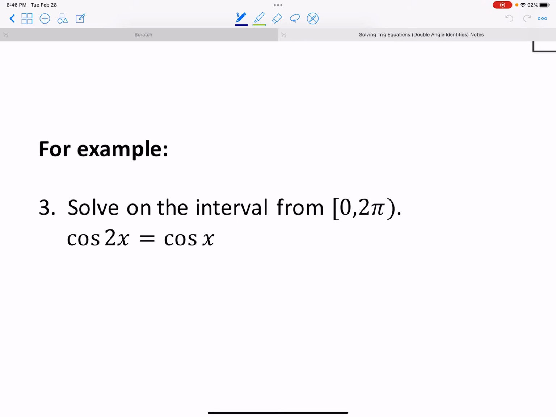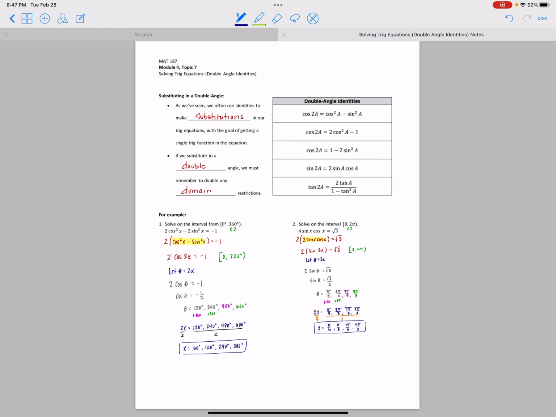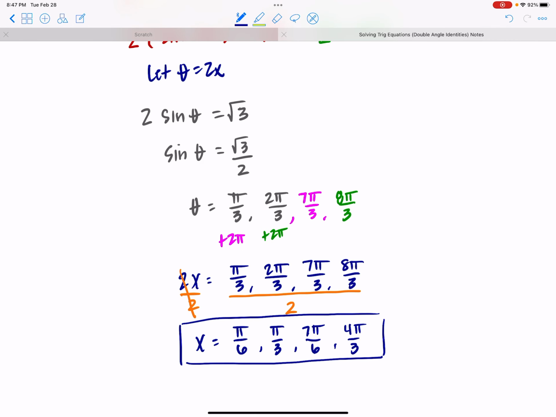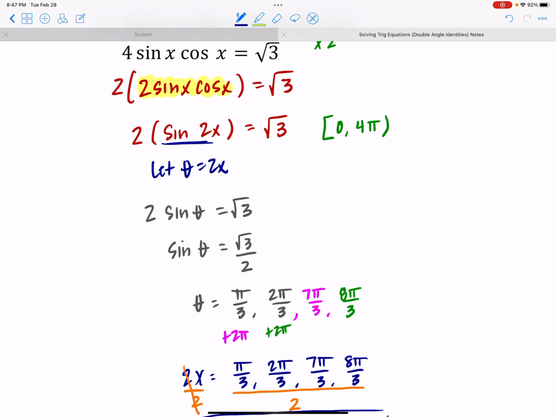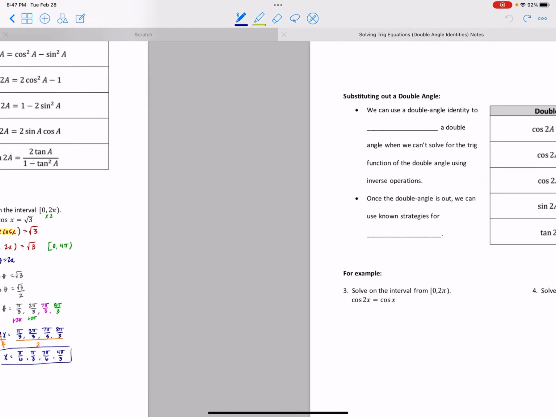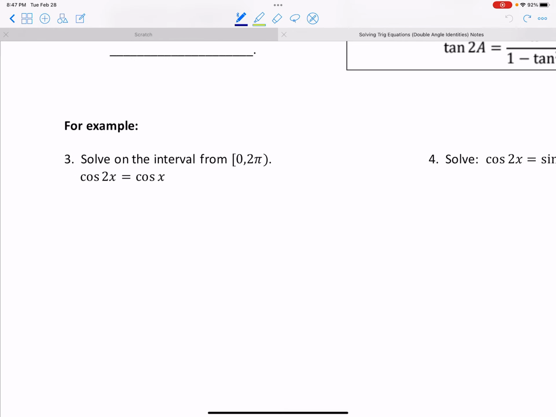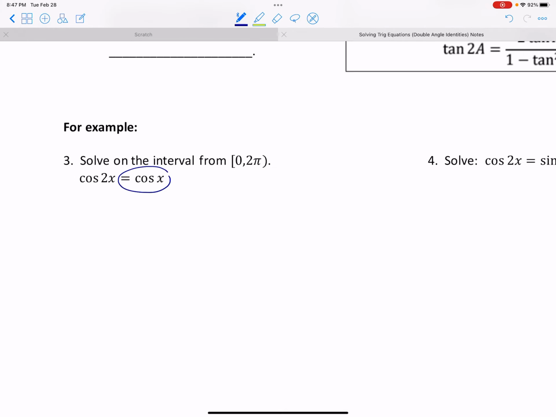So, in a case like this, where I can't just use inverse operations to get this thing by itself, like we were doing in the previous topic and what we did here, right? Once I have my double angle, I can get this alone by dividing over the 2. So I can't do that in this next problem, or either problem that we're going to see here, because there's a function outside of the function.